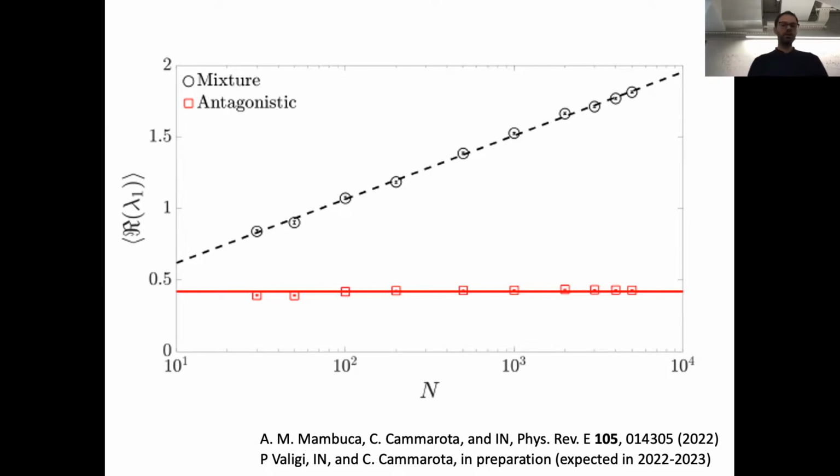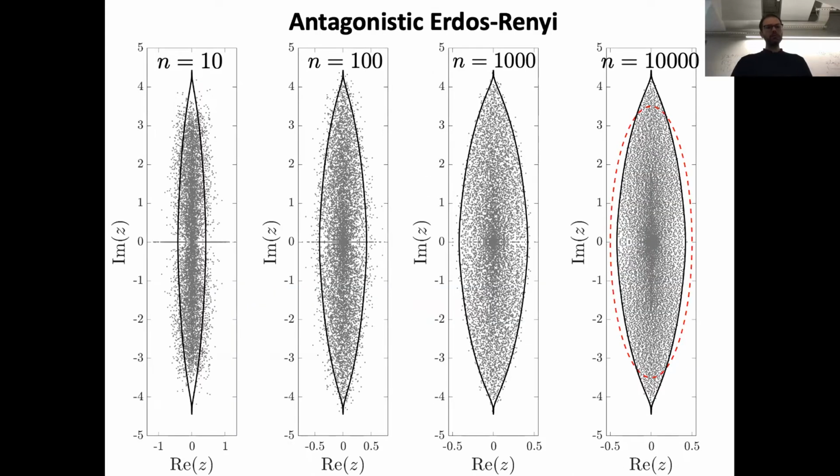We were just, out of curiosity, looking at this ensemble. So then we looked at this in a bit more detail. Here is the full spectrum of this antagonistic Erdős-Rényi ensemble, for increasing sizes.